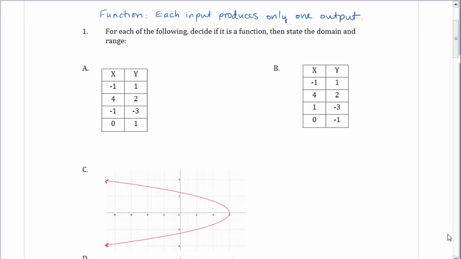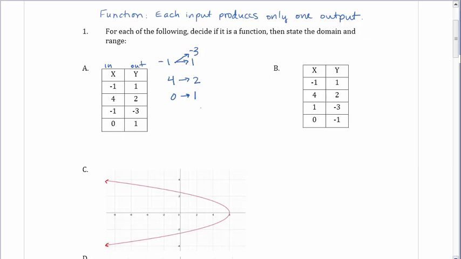The first thing you want to remember is that a function is anything that satisfies the condition that each input produces only one output. So if I look at table A and I consider the x values the inputs and the y values the outputs, then when I look at my inputs, I see that -1 produces an output of 1, 4 produces an output of 2, -1 also produces an output of -3, and 0 produces an output of 1.